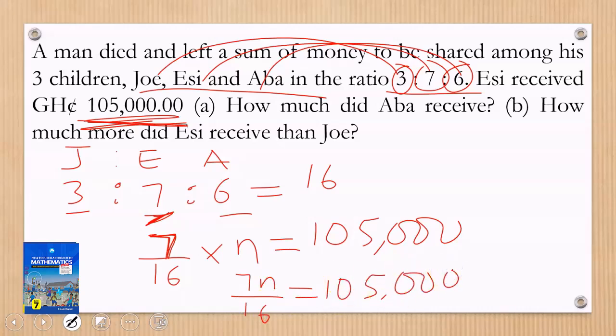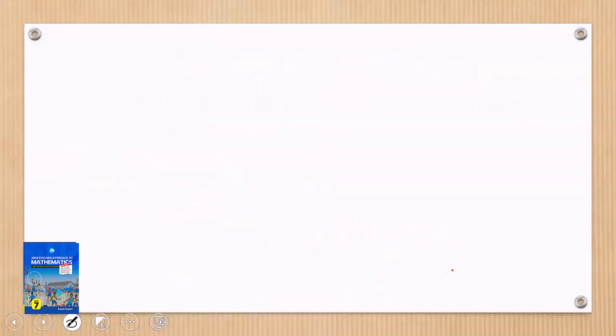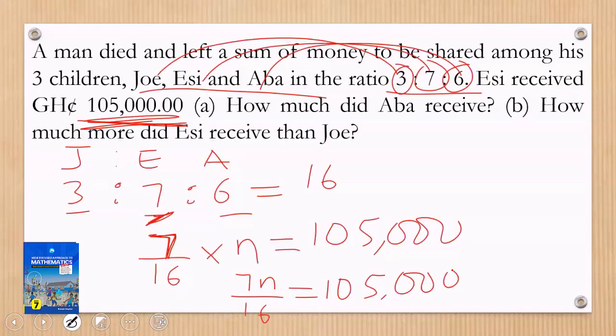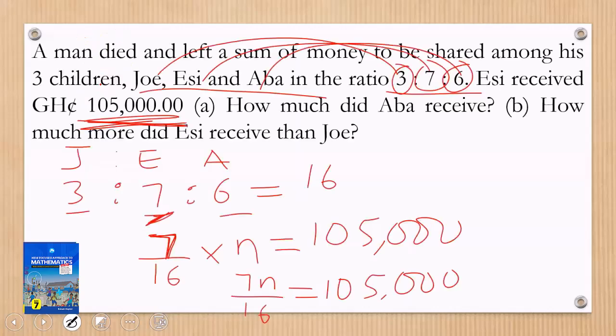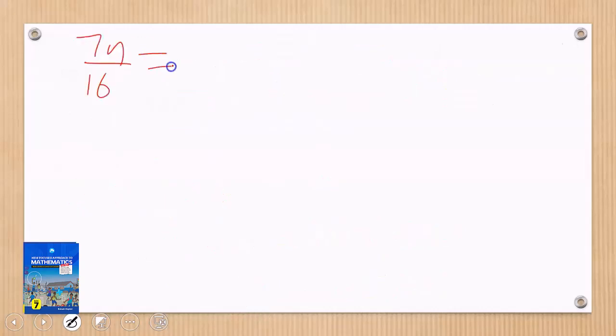So we can write this as 7n over 16 is equal to 105,000. Right, so we do cross multiplication. Remember we have 7n over 16 equal to 105,000.